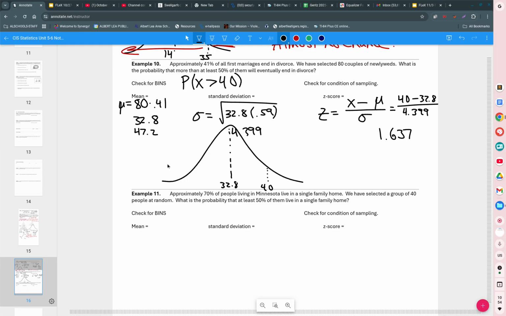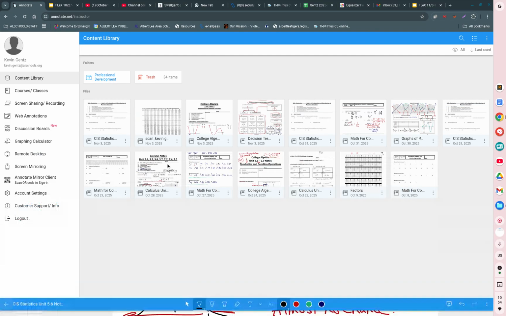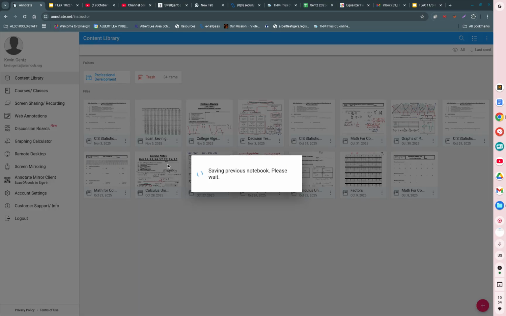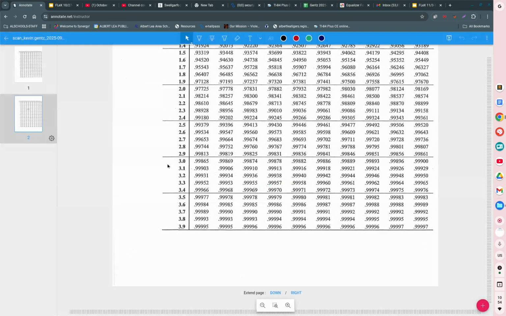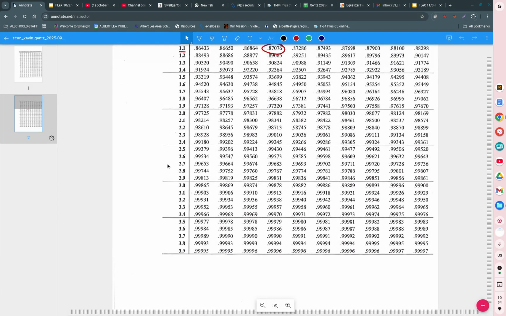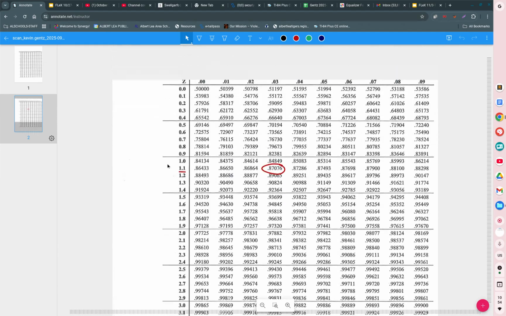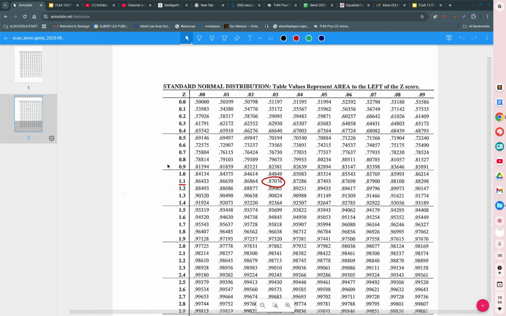I'm going to find the 1.637 on my sheet. And I've got 1.637, so we'll go 1.64, 0, 1, 2, 3, 4. 0.9495, is that what people have, 0.9495?